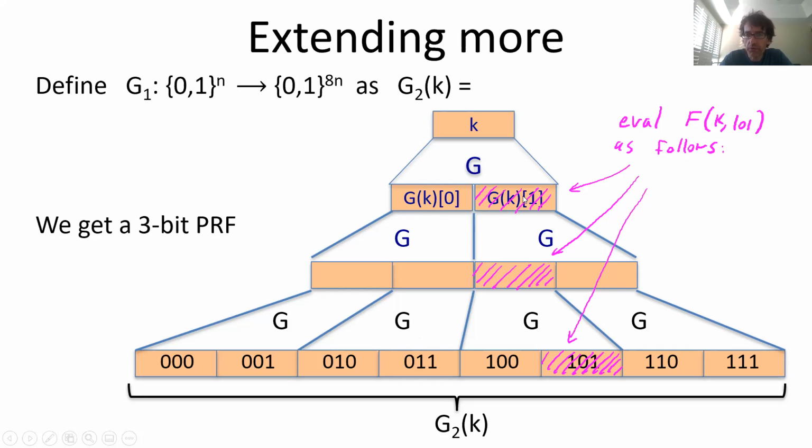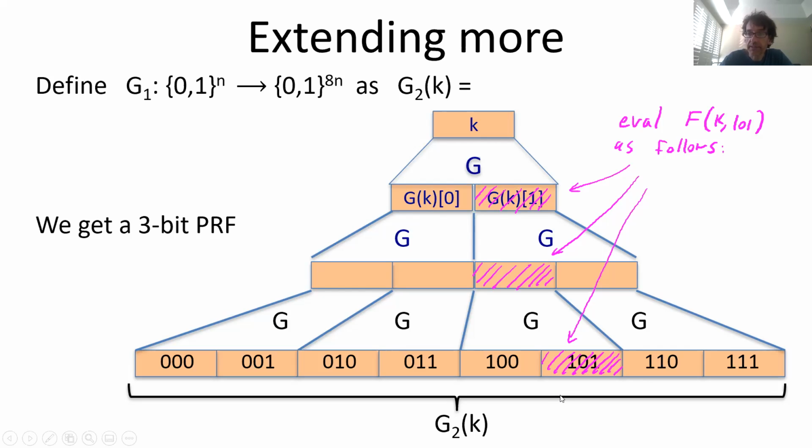The only thing you have to do is follow from the root to the leaf and compute G at every step as you go down the tree. So if you do it n times, this is a binary tree of depth n, it will cost you n applications of the PRG to create the PRF output.